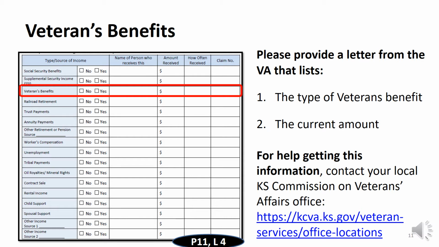If the applicant is a veteran or spouse or current widow of a veteran and doesn't yet receive those benefits, the KDHE eligibility team must have verification documentation that the applicant has applied for VA benefits or a letter stating they are not eligible for those cash benefits. Your local Kansas Commission on Veterans Affairs offices can help people determine if they are eligible to apply and help them apply, and if not, they can write a letter saying they are not.